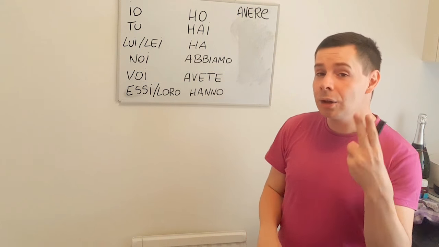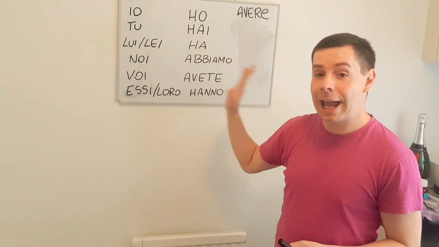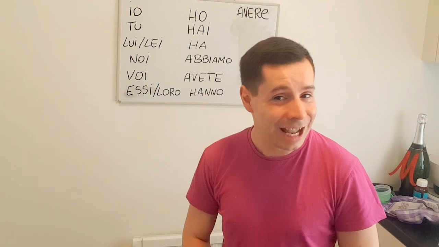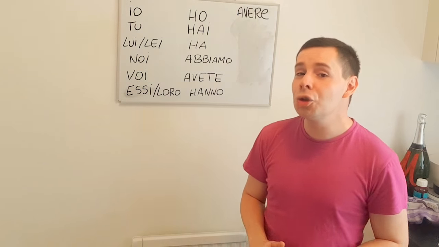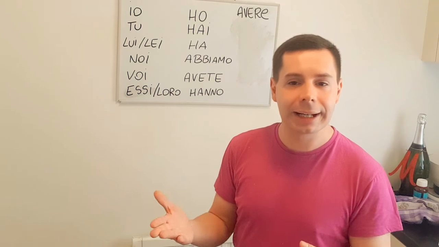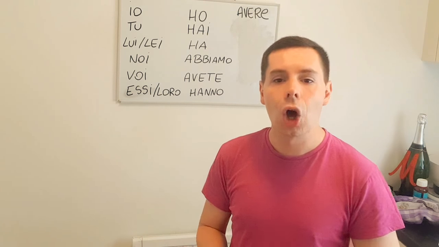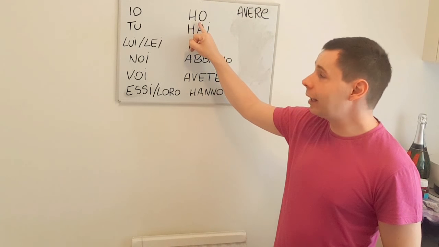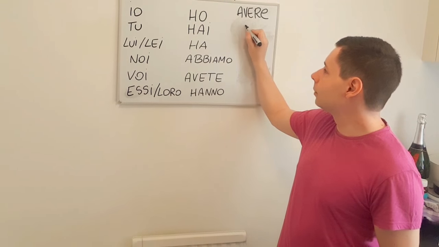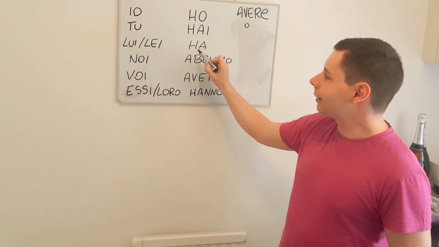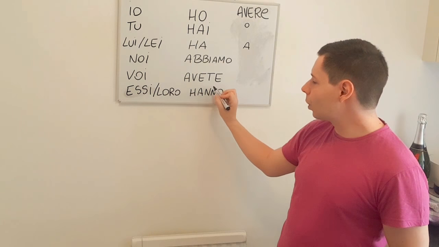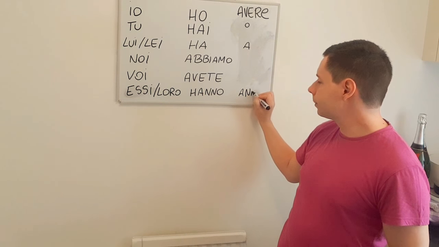Then, the second interesting thing: you can see the letter H. If you watch my previous video about pronunciation, you should remember that the letter H in Italian is not pronounced. So there is no difference between saying this word or this word, this word and this one, this word and this word.